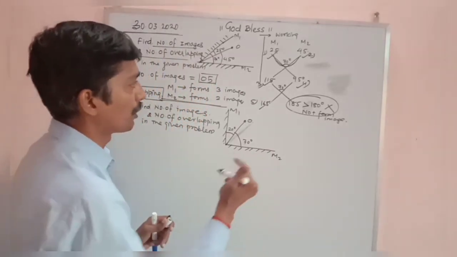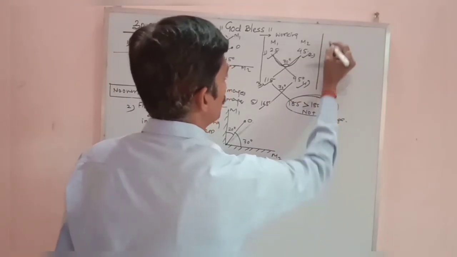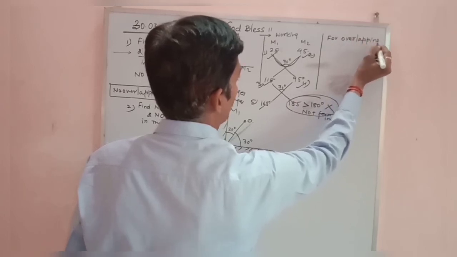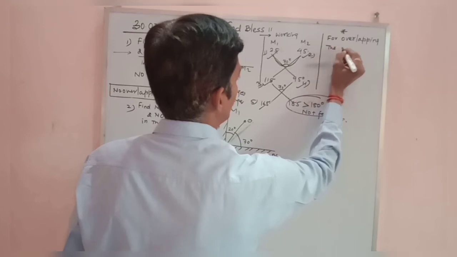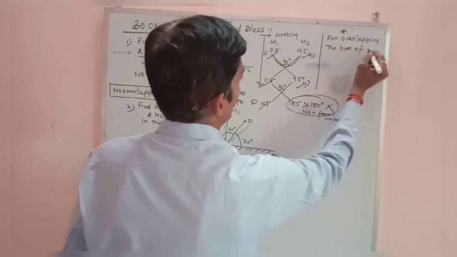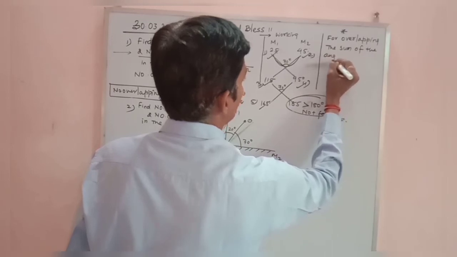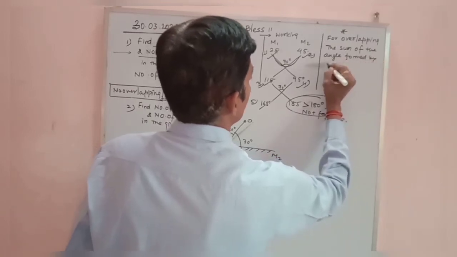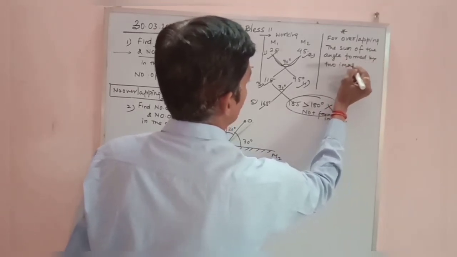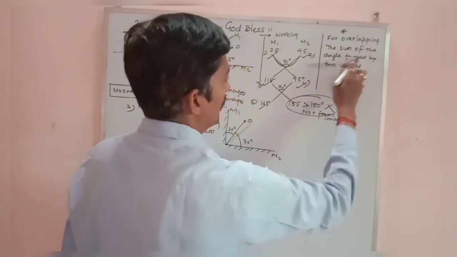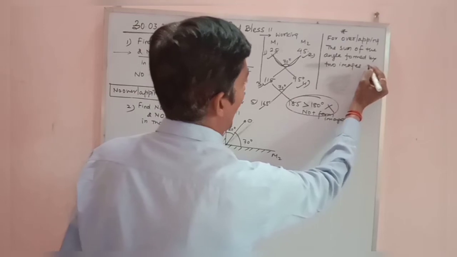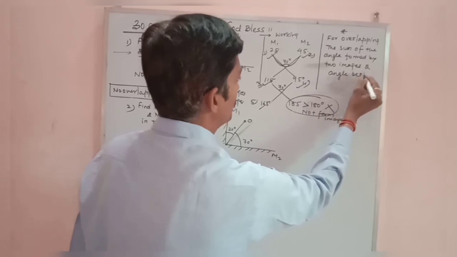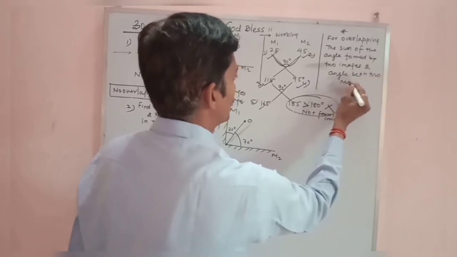So what is important for overlapping? Here I am writing, for overlapping: the sum of the angle formed by two images and the angle between two mirrors.